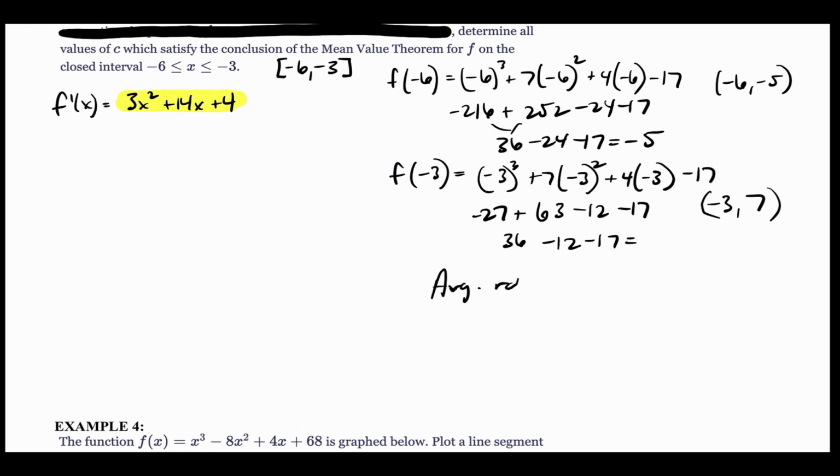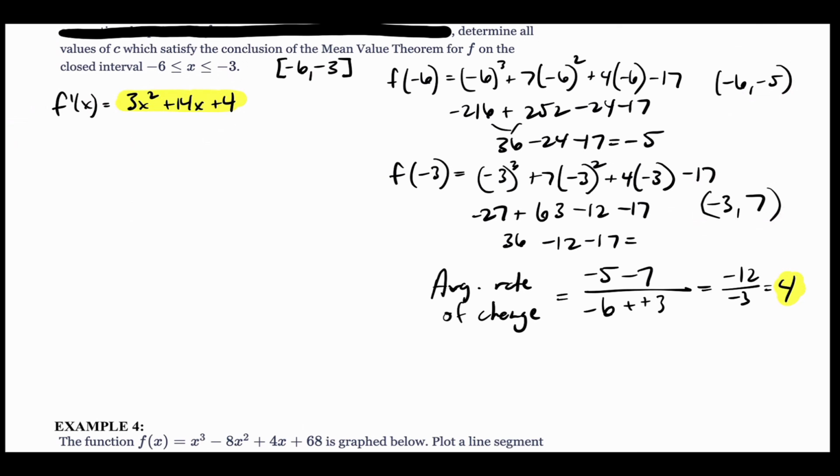Okay, so average rate of change is going to be y's. As long as you get the y's on top, x's on bottom, you're good. Minus 7 and negative 6 minus a negative 3. Average rate of change is positive 4. It's my other green guy, or yellow guy.